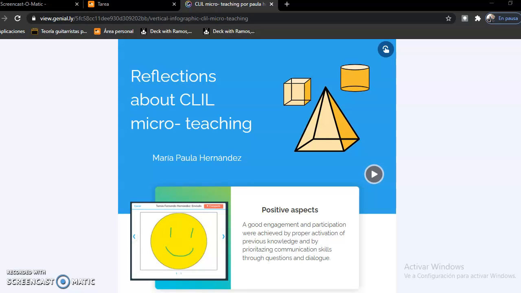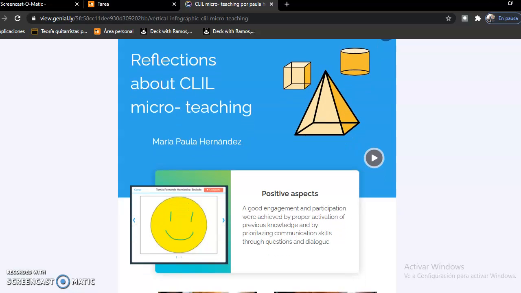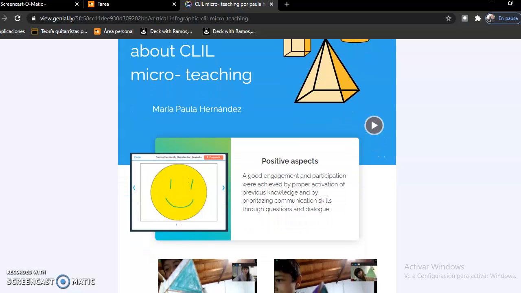Reflections about CLIL microteaching. I would like to start by remarking that along the course we had the opportunity to learn about what CLIL is, its implications for the teacher, the students, the schools, and the general curriculum, its advantages and disadvantages, and also, as an umbrella term, the approaches that are similar or used along the field.